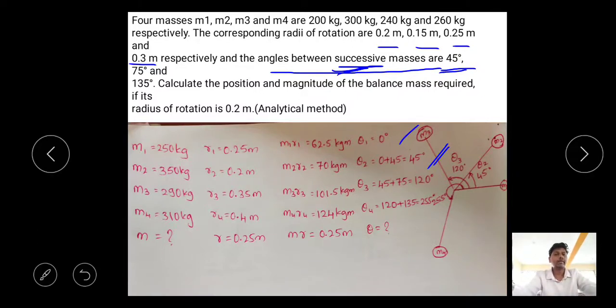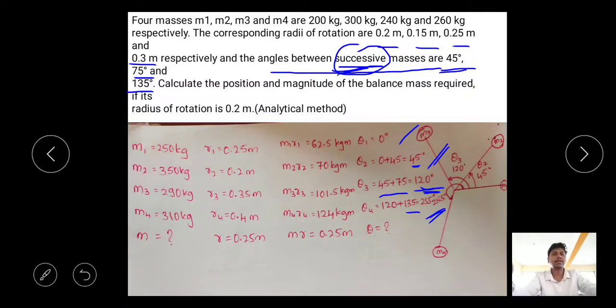Now 75 is given, so you add the previous angle, that is 45 plus 75, and you get 120. Last it is given 135, so you add the previous angle, 120, and you get 255. Whenever successive masses are given, you have to use this method.